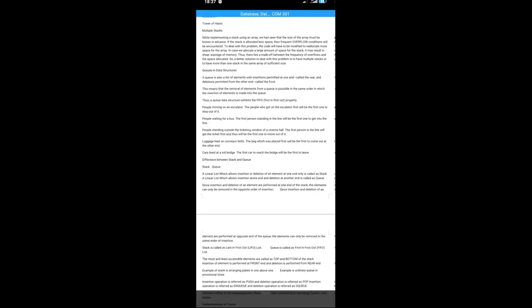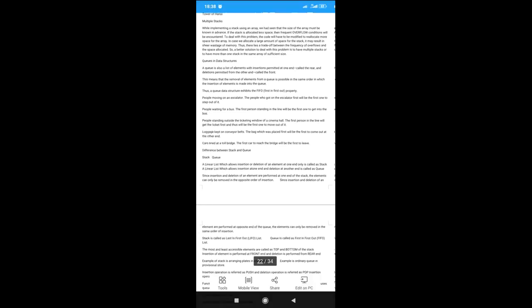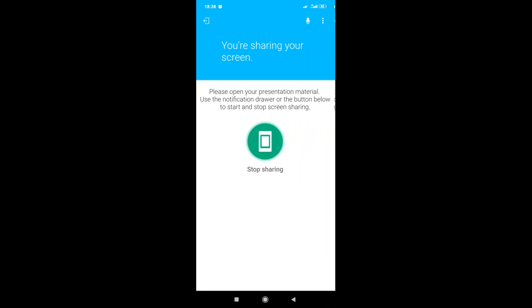For these four types of data structure, write out the operations that are peculiar to them. This is our assignment for today.